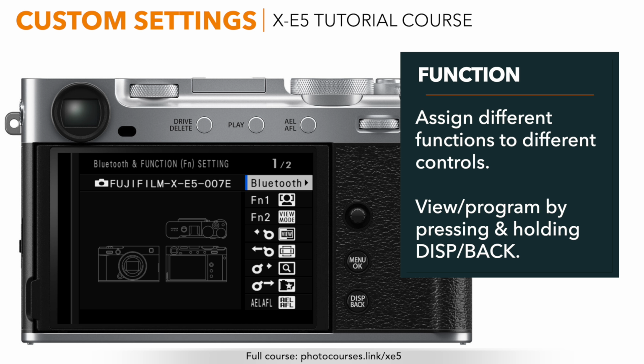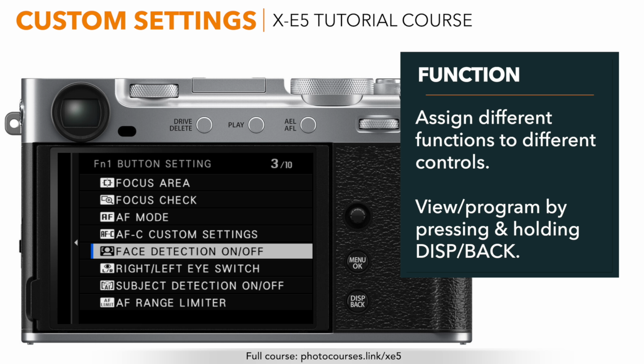To reprogram any of these controls, just scroll through and select the control that you want to change, press OK, and then you'll see a list of all of the different functions that can be assigned to that control. Different functions are available depending on the type of control you choose, such as a physical button versus the touchscreen gestures, swiping up, down, left, or right.